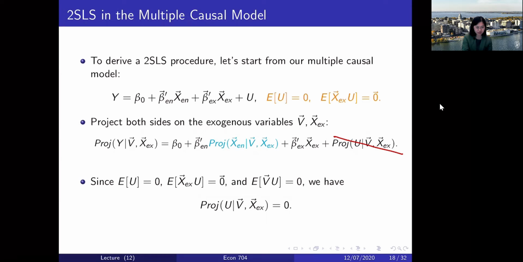What we are left with is that the projection of y on V and Xex is this linear function of Xex and this projection.